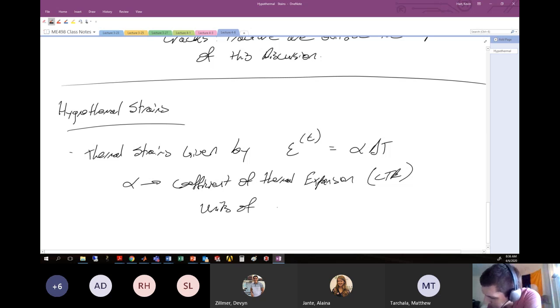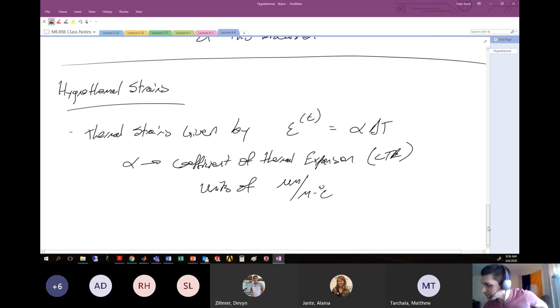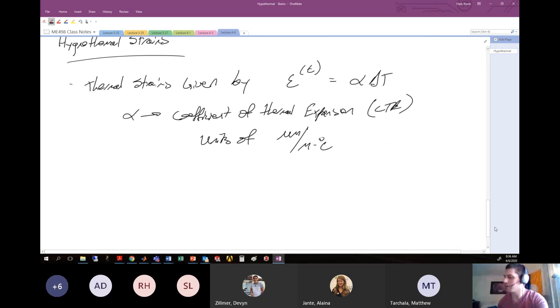Usually units of micrometers per meter degrees Celsius. So how many micrometers does this thing expand for every meter of material if we raise it 1 degree Celsius? That's your general thermal strain. Hopefully you did problems with that in 2004 and understand that general topic.